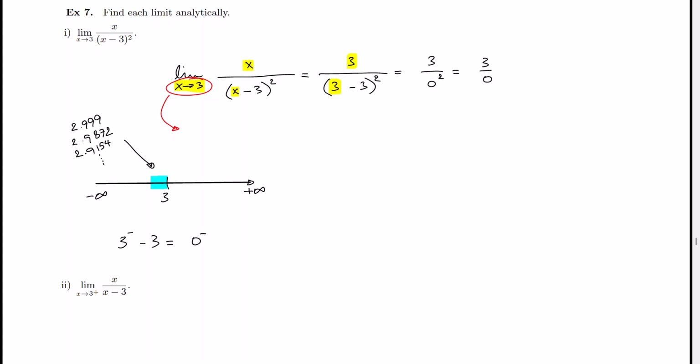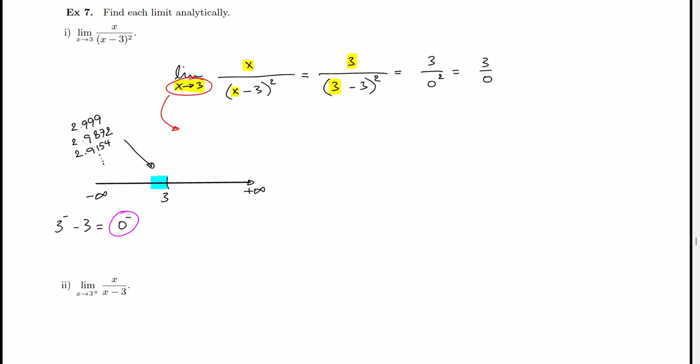So 0 minus. It's almost 0, but it's negative. How do I say it's almost 0, but it's negative? I write 0 minus. So for all of these, where x is coming towards 3 from the left, the value of the result is going to be 0 minus.